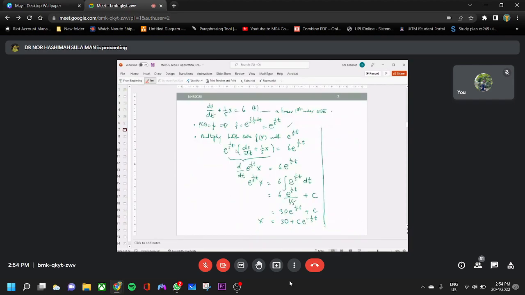By having that initial condition where x equals 7 at t equals 0, you plug the values into the general solution. x is 7 and t is 0, so this term becomes 1, e to the power of negative 0, and 1 over e to the power 0 is 1. So you have 30 plus C, right? So what is C then?